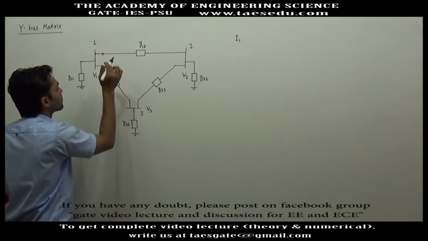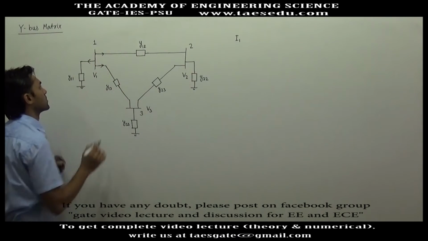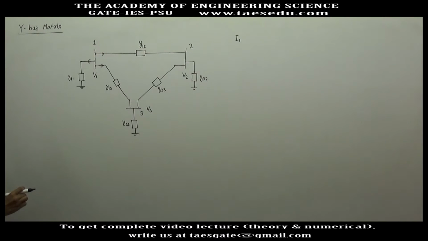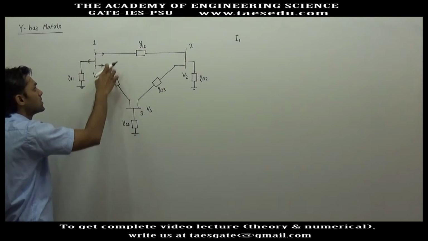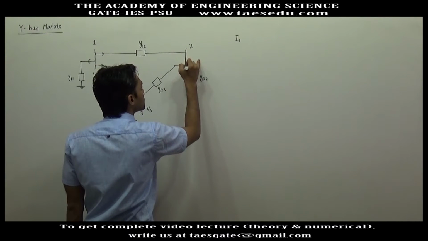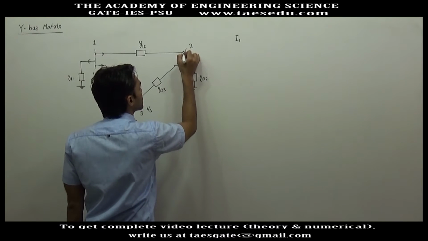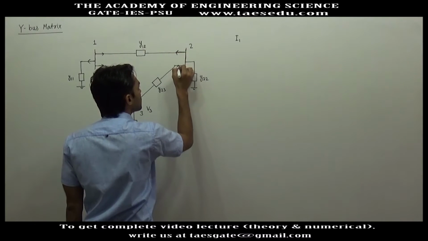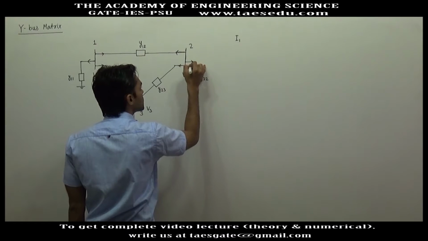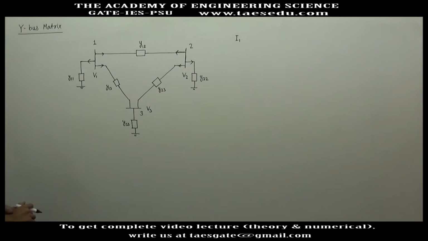This is going away from the bus, this is also going away from the bus, and this is going away from the bus. So I1 will be the summation of these three currents. Similarly, here also we take a reference which indicates the current is flowing out of the bus. This current plus this current plus this current will be current I2, and similarly I3.